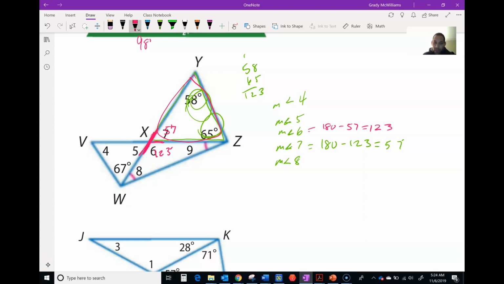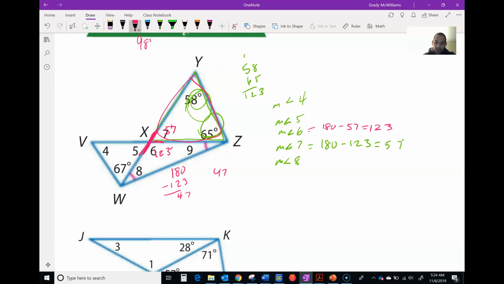And then these two red angles should be equal to each other. So if I took 180 minus 123, then that would mean I'd have 57 left over for those two angles.